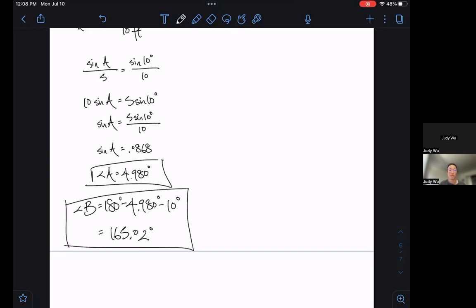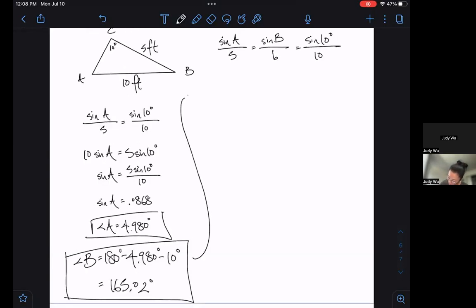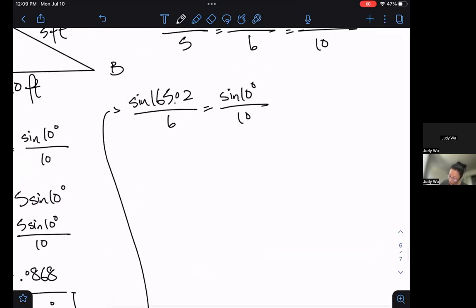So I'm able to find an angle B. And if I can find angle B, that means I can find side b. All right. So sine of 165.02 over little b equals sine 10 degrees over 10. I'm going to let you do the arithmetic, but you should end up with b equals 14.890 feet.